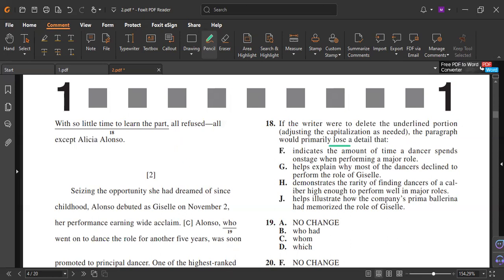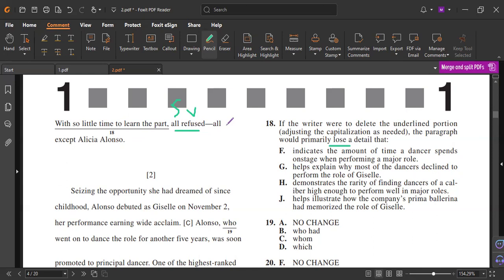"With so little time to learn this part, all refused" and dash. Remember, "all refused" is a sentence, subject and verb, and this verb has no object because we have a dash. So before the dash, it's a complete sentence already. So all except the initial answer. It's emphasis, that's why we have a dash.